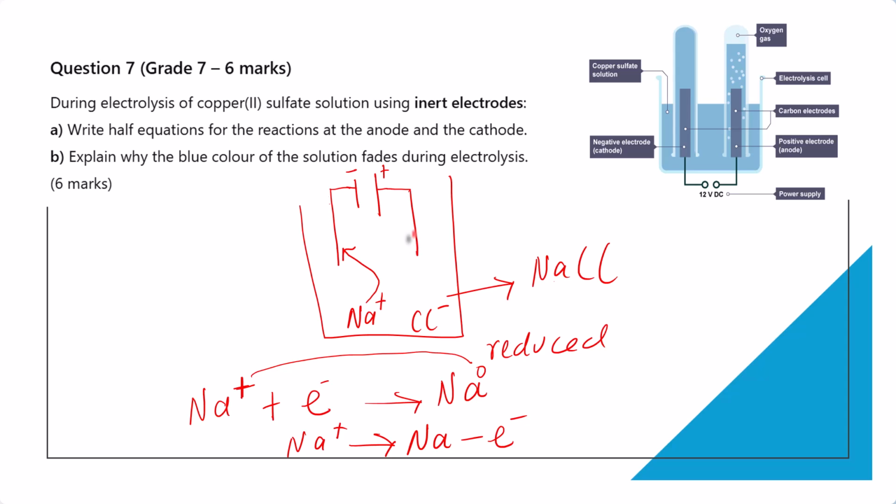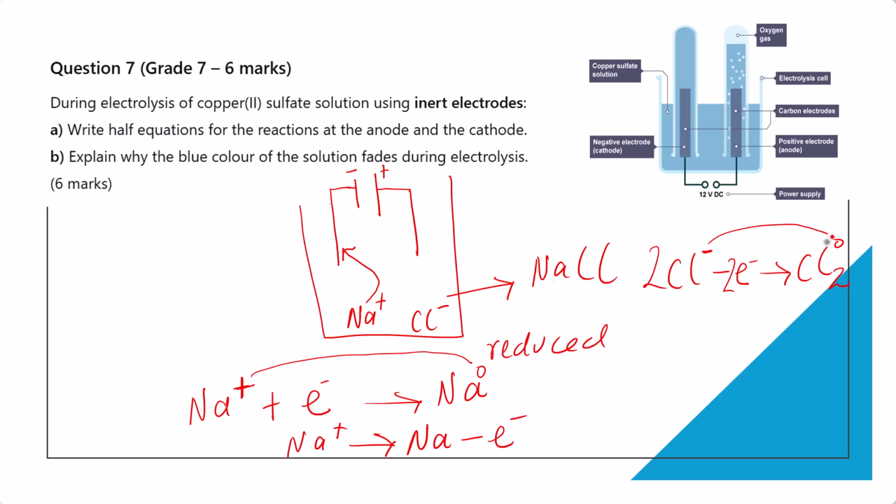What about the anode? Positive. The chloride ion is negative, it's got too many electrons, so it's going to lose an electron to become a chlorine atom. But chlorine doesn't exist as an atom, it occurs as a diatomic molecule. So you need a 2 there, which means you're going to need to double everything here. Now, the charge has become neutral, has become 0. From negative to 0, it means you're going up.